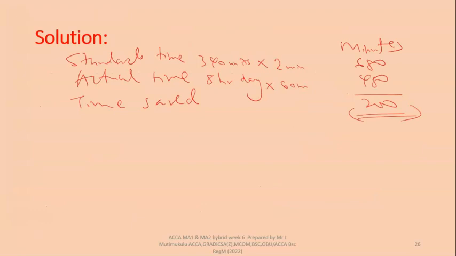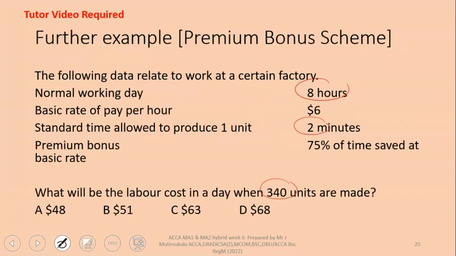So the bonus is equal to 75% multiplied by the time saved, which is 200 minutes, at how much per hour? Basic rate of pay is $6.